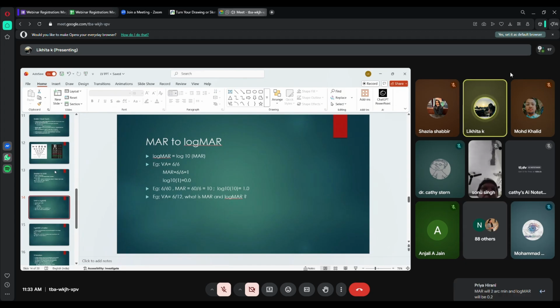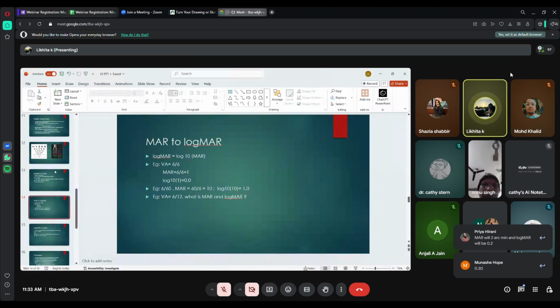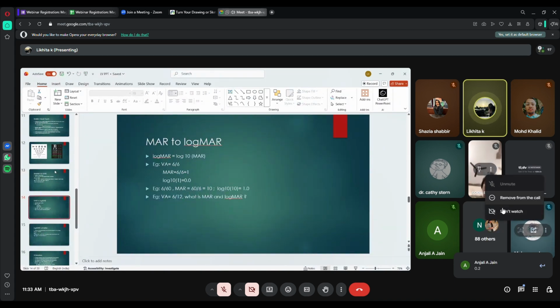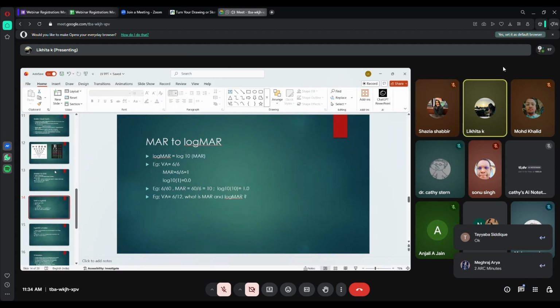How do we calculate log 10? If you open your calci, it will have a specific log 10 function. So if you use that, then you will be able to calculate this. 2 arc minute is the MAR value. Then what will be the logMAR value?